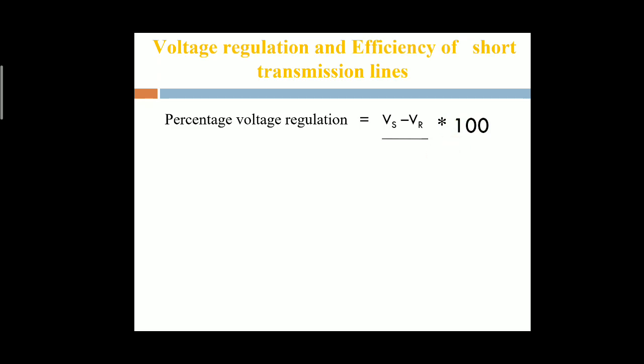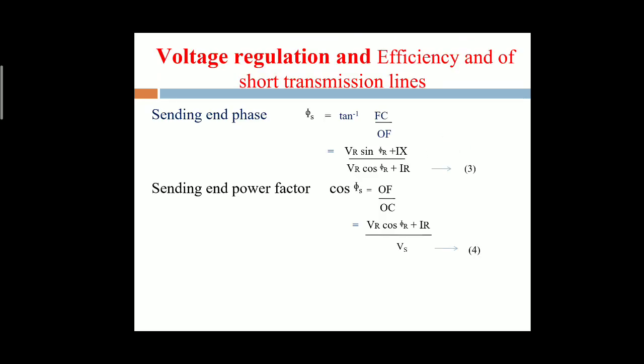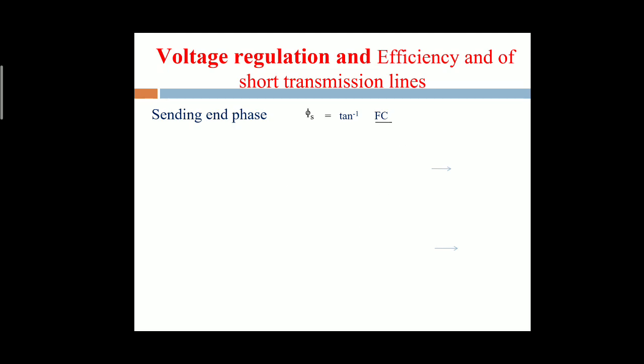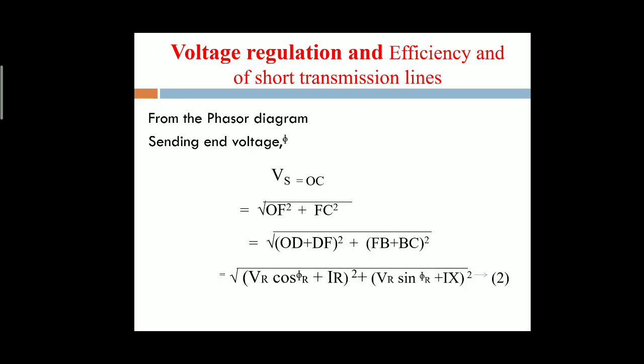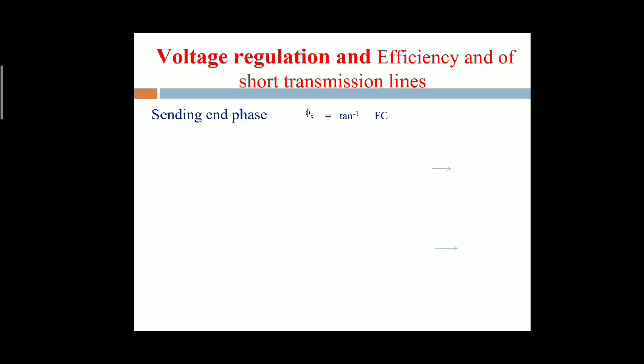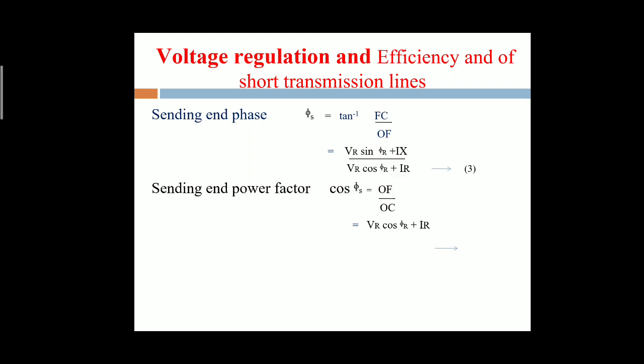We already calculated the value of Vs previously. This is Vs: square root of (VR cos phi r plus IR) whole square plus (VR sin phi r plus Ix) whole square. This is the formula for Vs, and that formula will be substituted in this case.